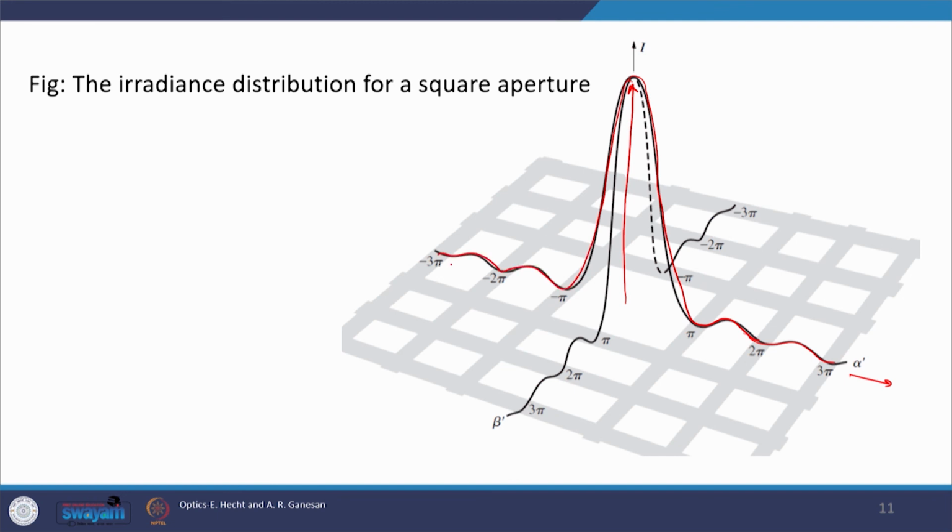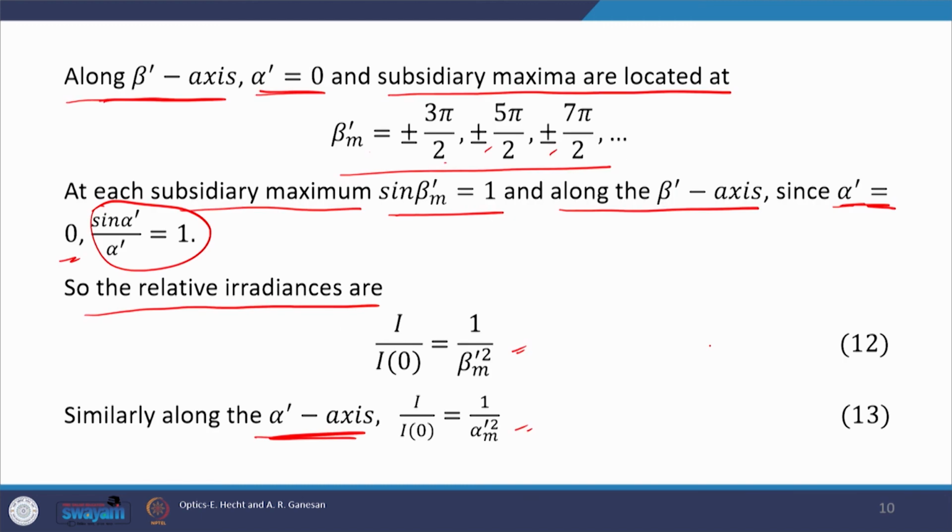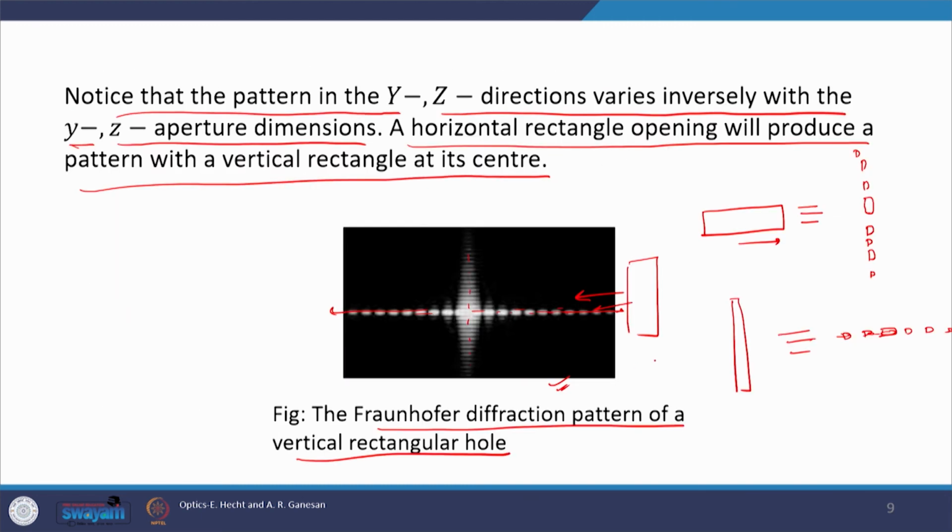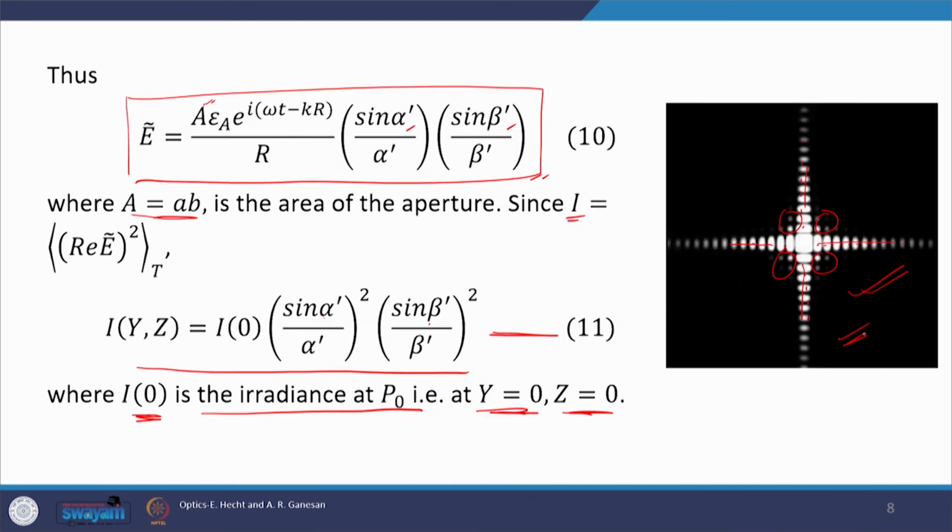Similarly, in the beta prime direction you will also get a sinc pattern. When you see this pattern in 2D you get this structure, and this is how the diffraction pattern of a rectangular aperture looks like.